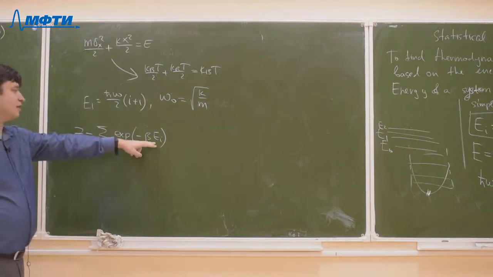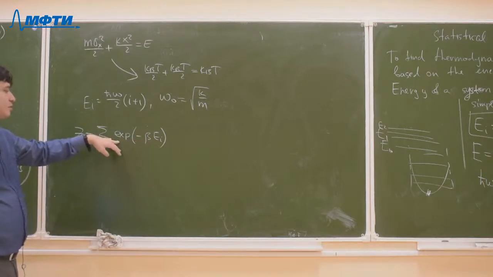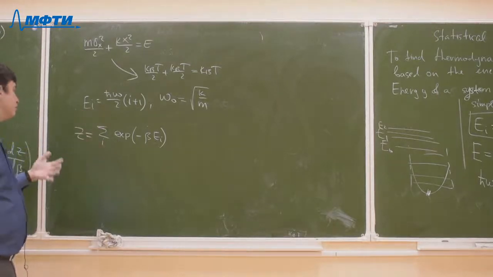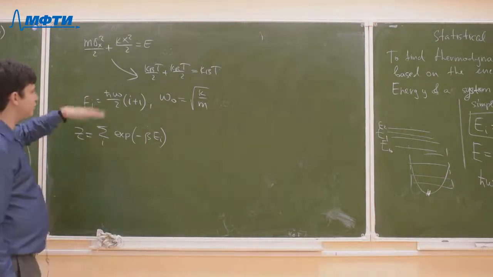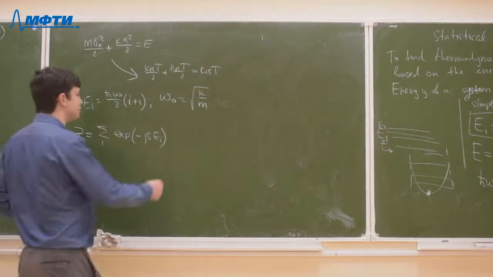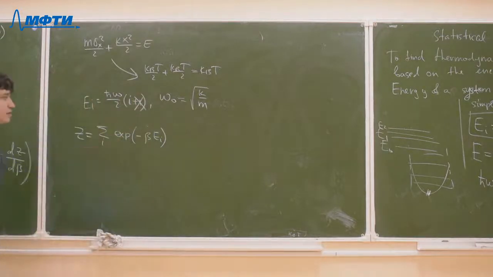If you take this constant term out, it will give you a constant factor in the partition function. But a constant factor will not describe any thermodynamic quantity, so we can shift all of these energy levels and neglect this additional h-bar omega over 2 term.